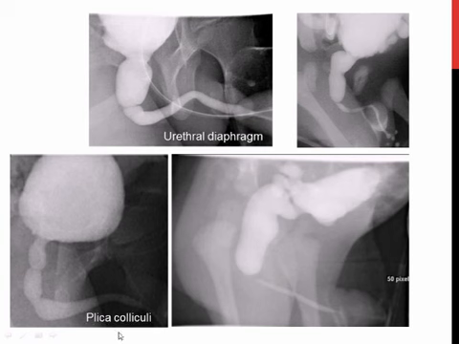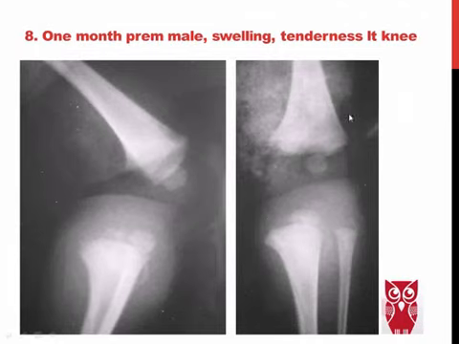It's a diaphragm or a plica colliculi, as opposed to the shelf-like filling defect between the dilated posterior urethra and the anterior urethra with a poor lumen, together with evidence of diverticulation of the bladder and reflux. This is a very young patient, but this is a do not miss diagnosis.